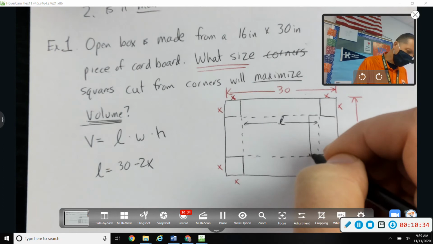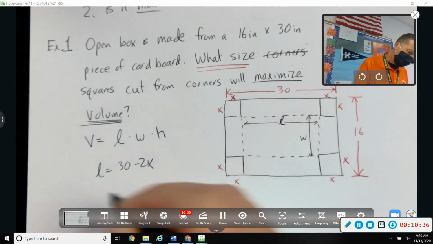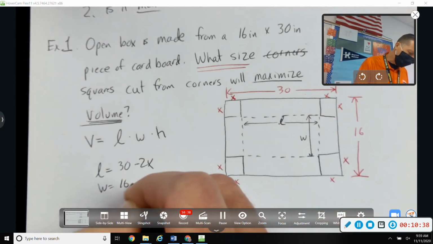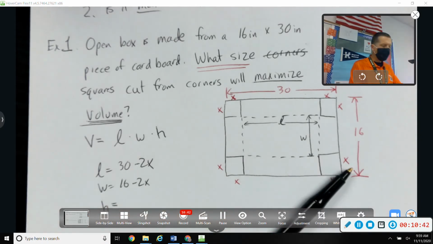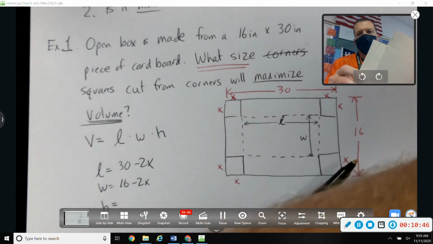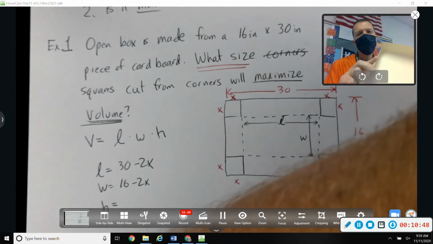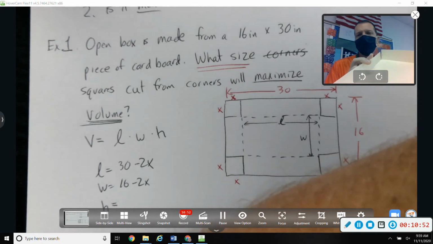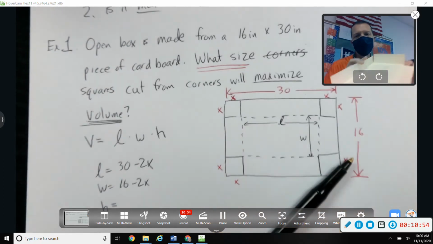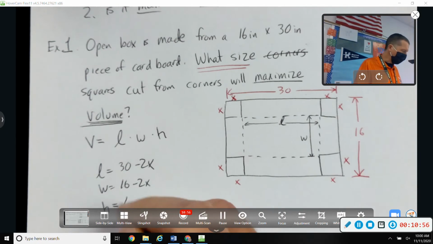And the width, 16 minus 2x. And the height, once I take the corners and fold them up, then the height is x. It takes a little bit of visualizing what's going on here. When I fold those up, my height will be x.